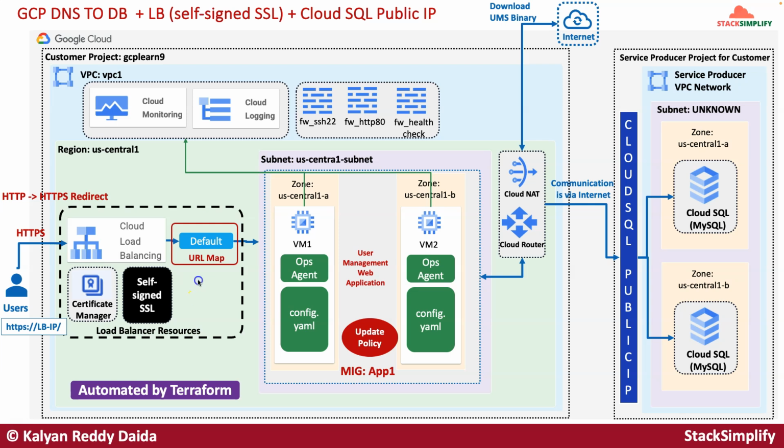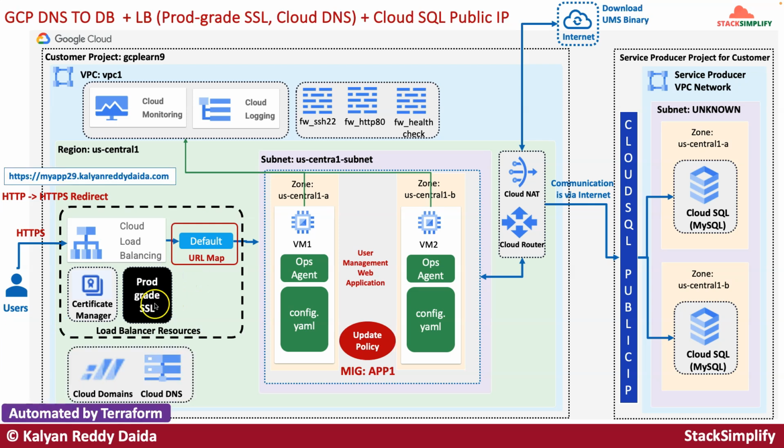And we'll have one more demo, which is for the students who have a registered domain in Cloud Domains, or if they want, they can also use a registered domain from other domain registrars and slightly change configs wherever needed to make it work. So here we will use the prod grade SSL, and we will implement a DNS to DB use case end to end, again using the Cloud SQL public IP.